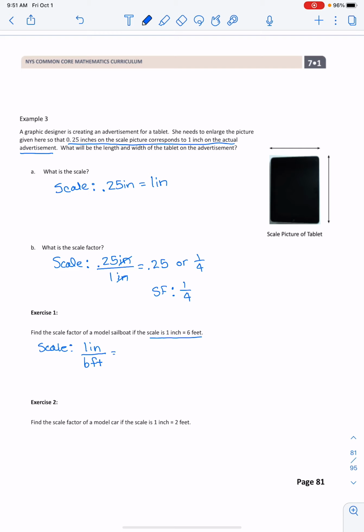So I'm going to change our 6 feet and multiply 6 times 12 because there are 12 inches in a foot. 6 times 12 is 72. So 1 inch over 72 inches. I can cross off the inches. It can't be simplified any more than that, so our scale factor is 1 over 72.